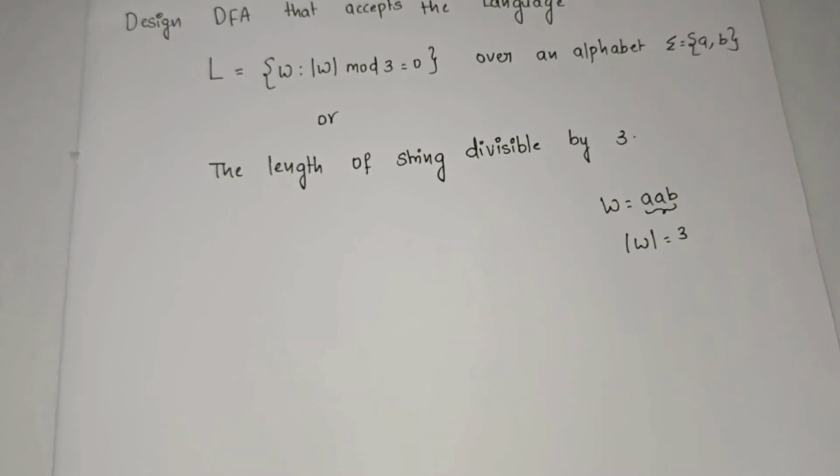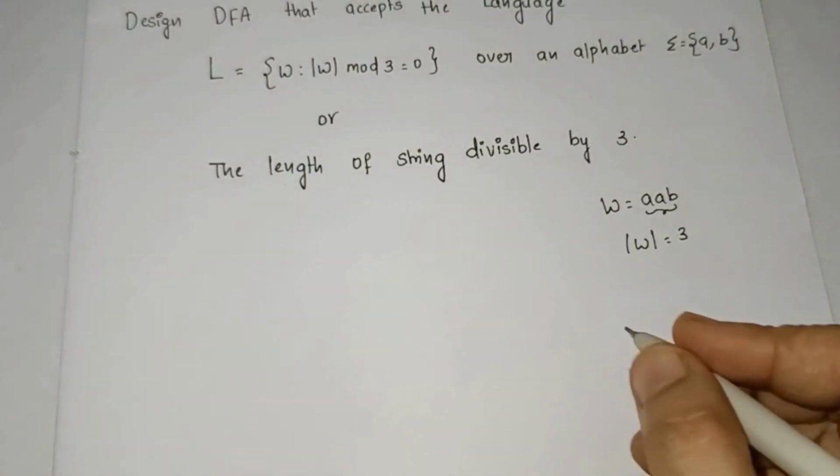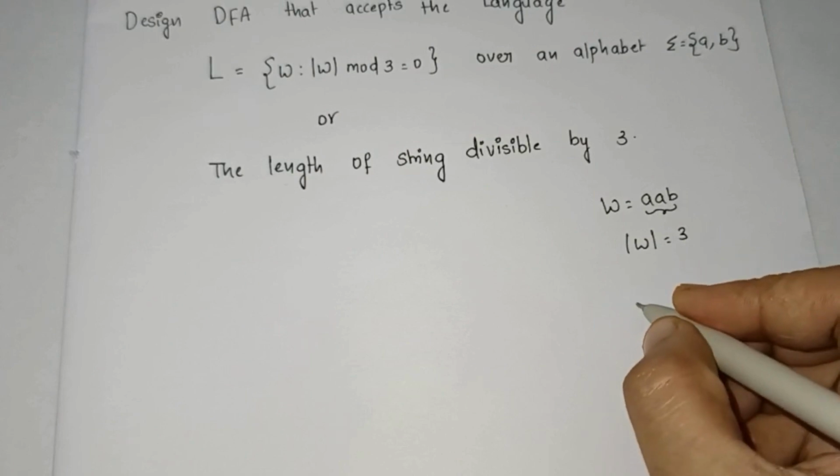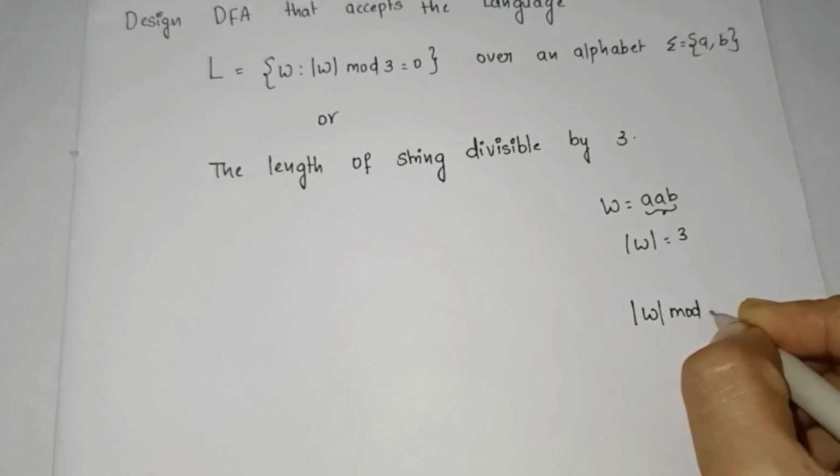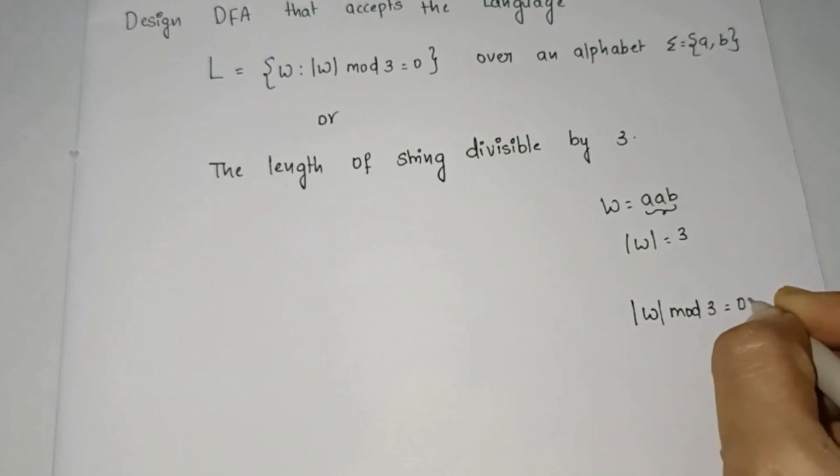Now before designing the DFA, we will try to understand what type of strings we can take. So modulus W mod 3 equals 0.